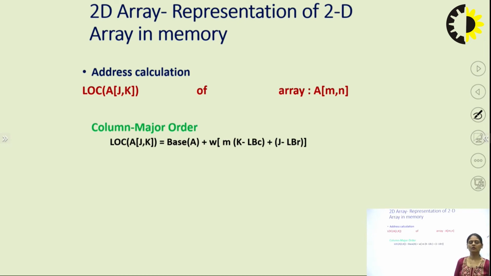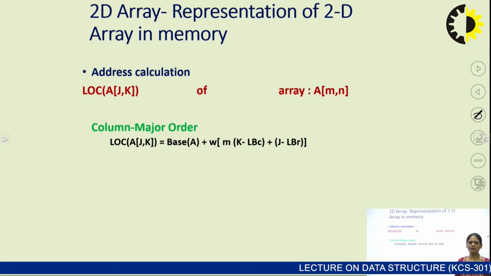Now lbc is the lower bound of column and lbr is the lower bound of row. Lower bound of column means the lowest index number of the column. Sometimes the column starts from 0, sometimes from 1.